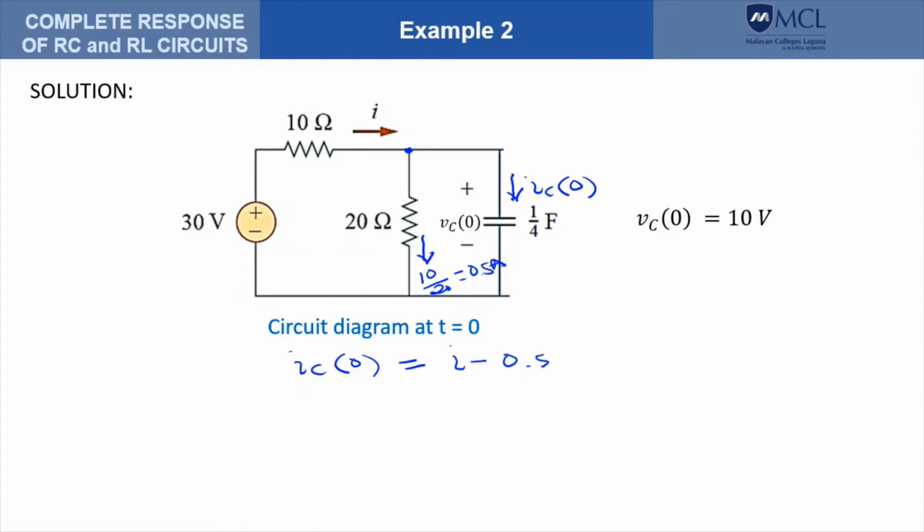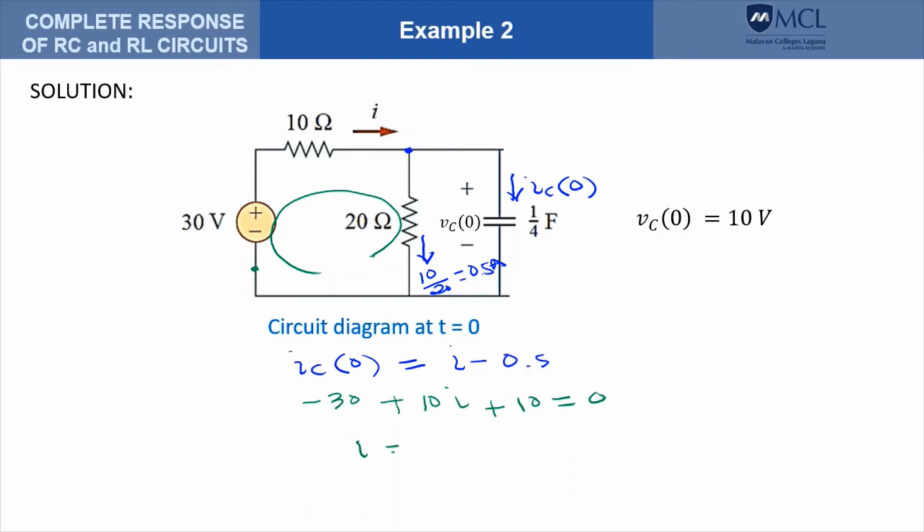To get I, I can write KVL around this loop. So starting here, that would give me negative 30 plus 10I plus 10 volts equals 0.